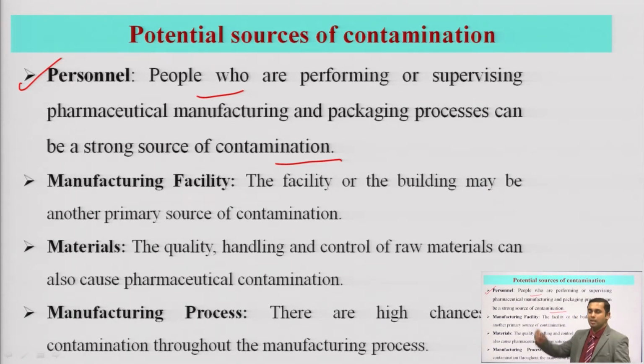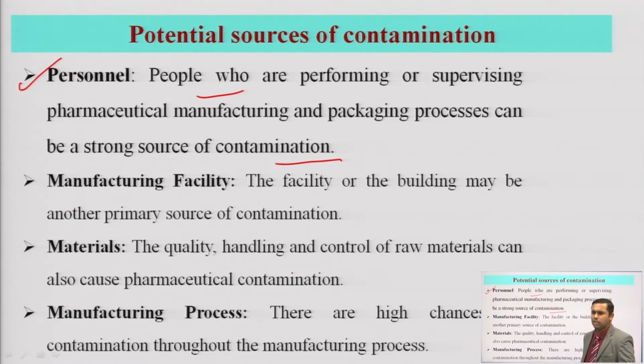If those droplets contaminate your product, your product will have SARS-CoV-2, and as you are all aware, the virus can survive anywhere with a proper good environment. If a patient consumes this particular tablet or substance, he will be taking the virus with him.